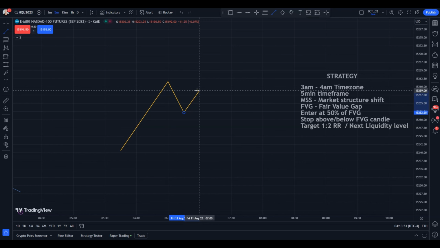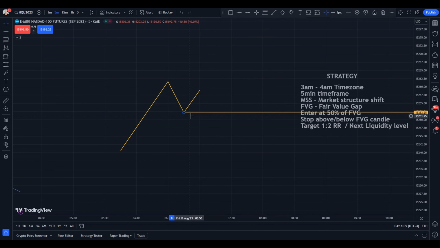We need a market structure shift. Let's say the market is pausing there. This level here needs to break lower to actually see if the market is turning down and trying to go into a downtrend.